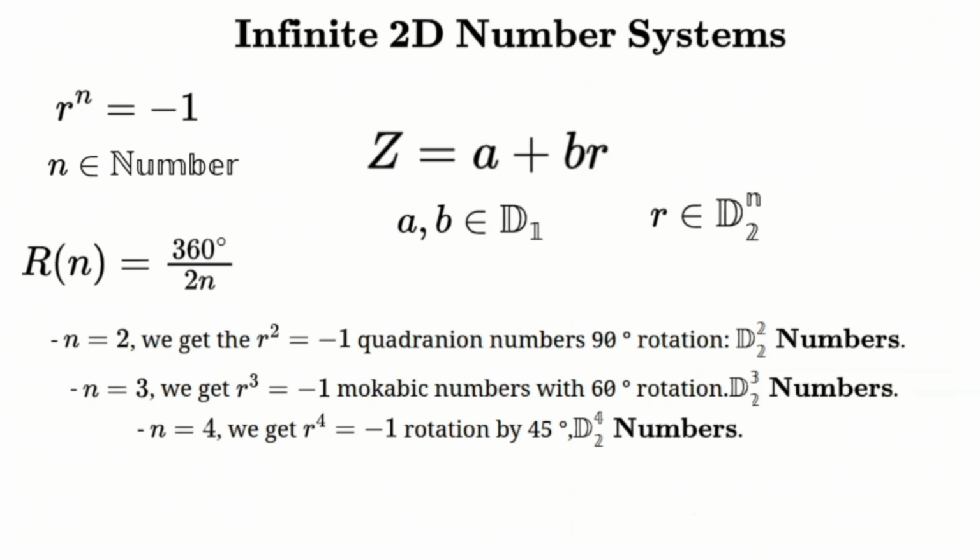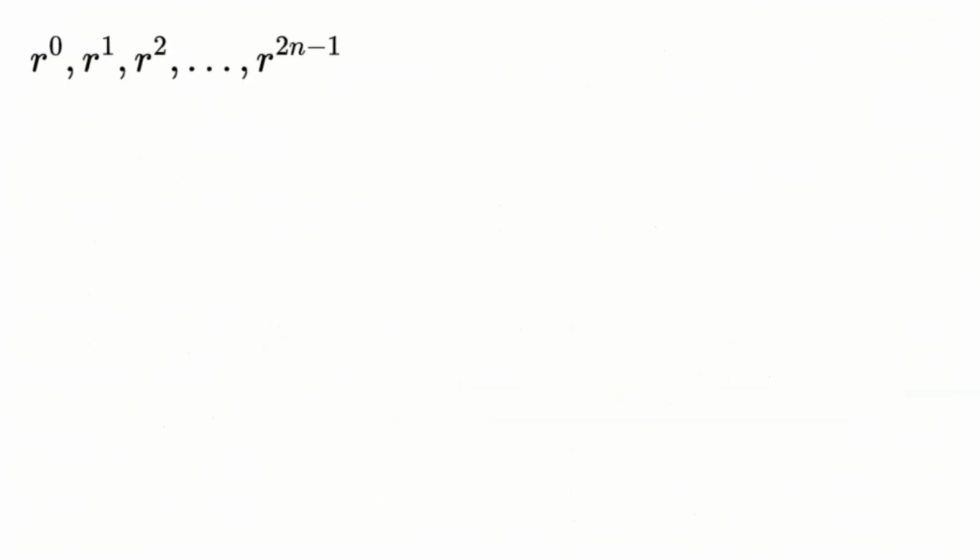Each unit r generates 2n distinct units: r raised to the power of 0, r raised to the power of 1, r raised to the power of 2, continuing up to r raised to the power of 2n minus 1. Since r raised to the power of 2n equals r raised to the power of n, squared, equals -1 squared, which equals 1, this creates a cyclic pattern of 2n steps, forming a regular 2n-gon around the origin, a full rotational cycle on the two-dimensional plane.